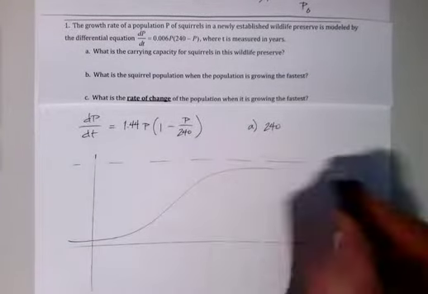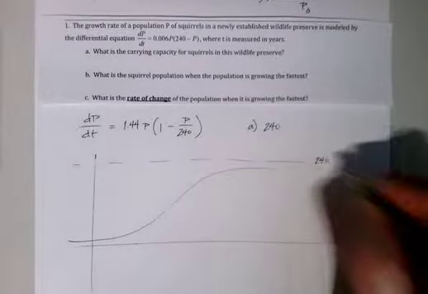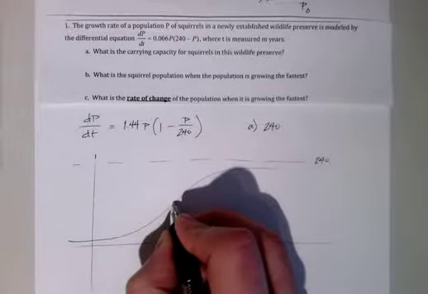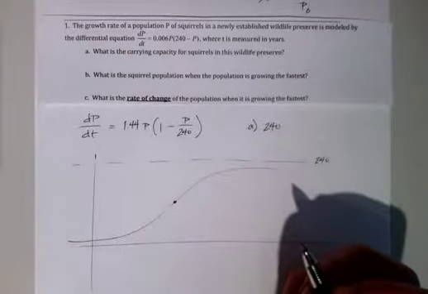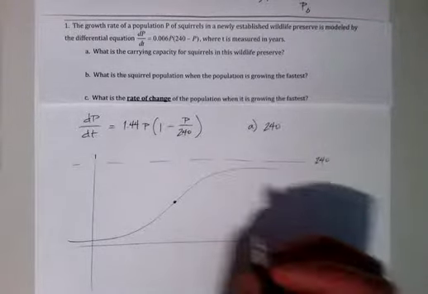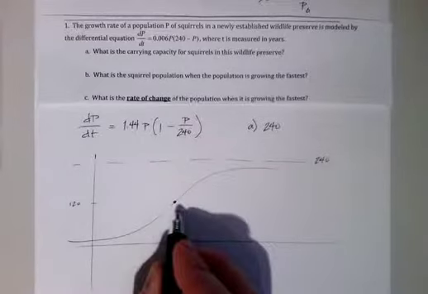This is a logistical growth curve, okay? If this is 240, there is always an inflection point halfway up. That's it, okay? So if this is at 240, then at 120 squirrels, you have an inflection point.